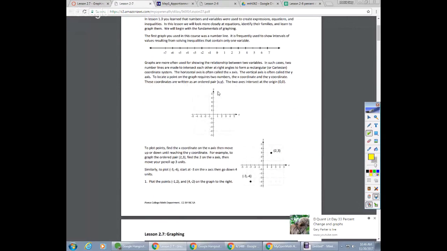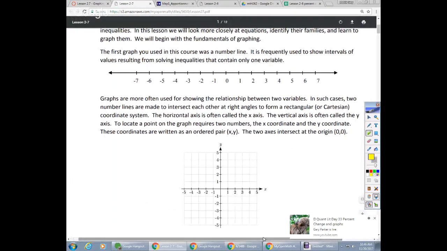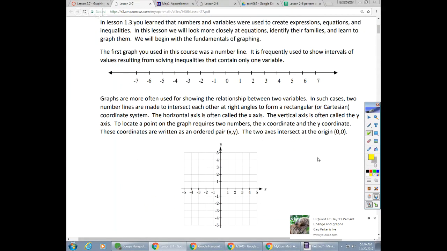So when we graph some relationship between numbers, generally we have two different axes. We have a vertical axis and we have a horizontal axis. Sometimes they're given boring names like y and x. Sometimes it's more exciting than that.